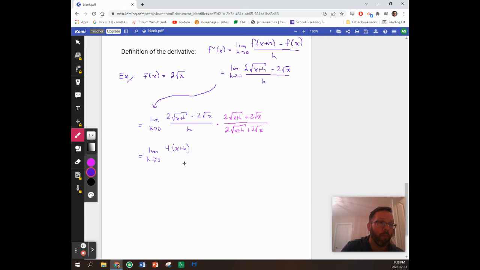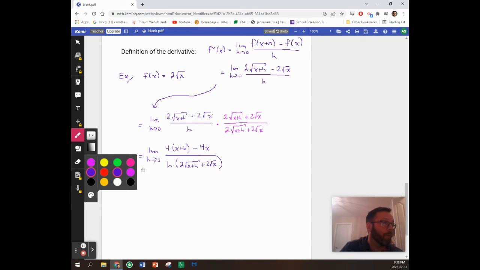The cross terms will add to 0, since we'll have a plus and a minus. Then we have negative 2 root x times positive 2 root x, which is just negative 4x. On the bottom, h times 2 root x plus h plus 2 root x.